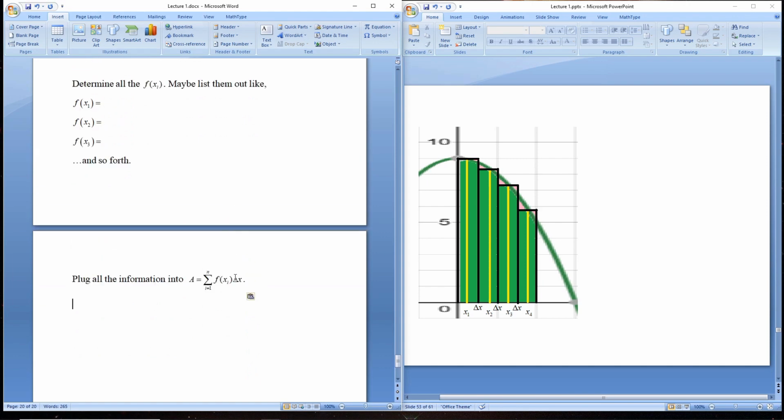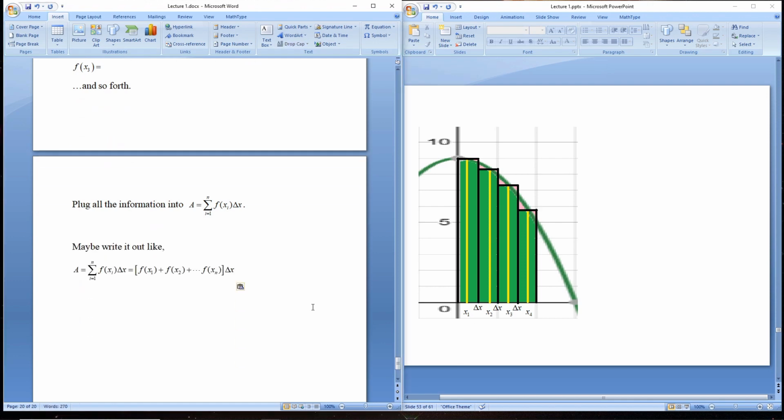So again, remember, delta x you figured out, and all these heights you just figured out and listed. You stick all that stuff in there. And maybe, if you like writing all that out because it helps you, then maybe you want to write out the summation in terms of summing all the functions together and then multiplying by delta x.